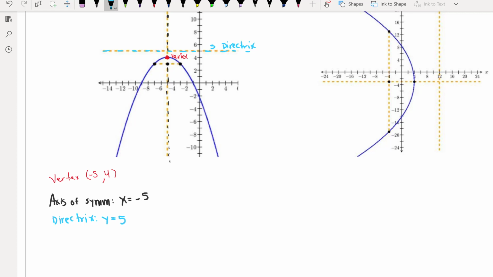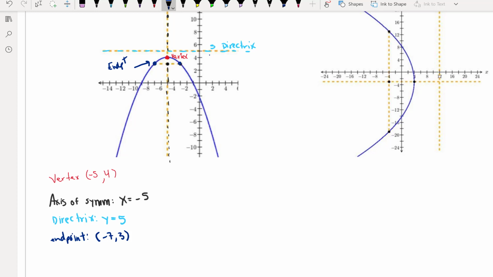Now, I want to think about these endpoints. Well, these endpoints are on the actual parabola. So this is an endpoint. That ordered pair looks like it's -7 and +3.